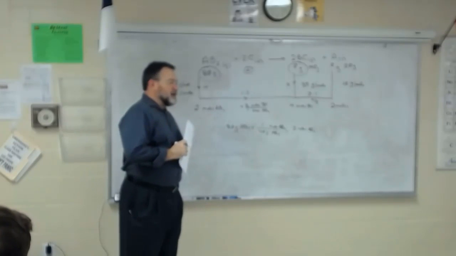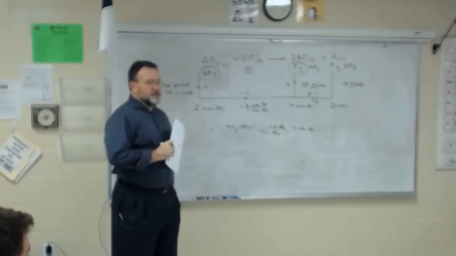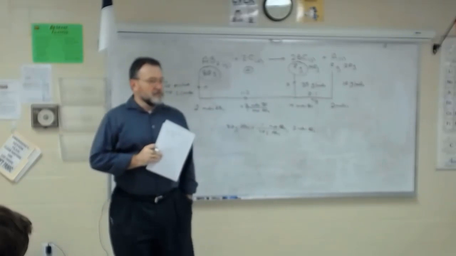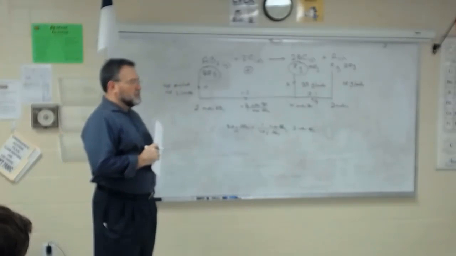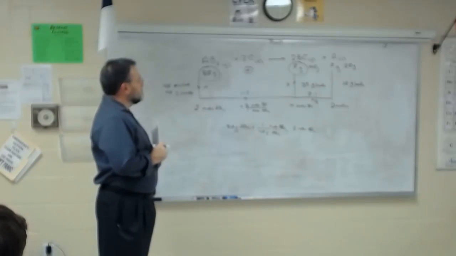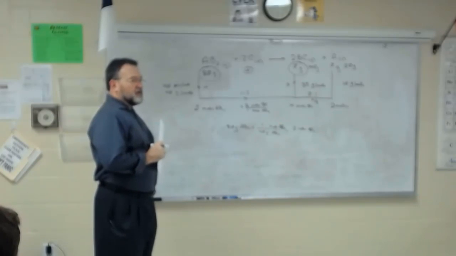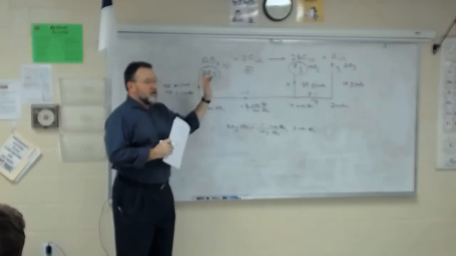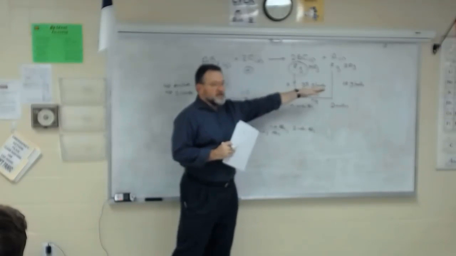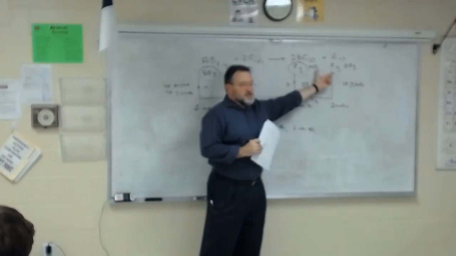If I were to ask you right now, how many grams of C were used in this reaction? How could you solve that real quickly? It's 80. Correct, it's 80 grams. And you know by conservation of mass, whatever the mass is on this side of the reaction arrow has to be equal to that side of the reaction arrow, right? This side of the reaction arrow is 160 grams.